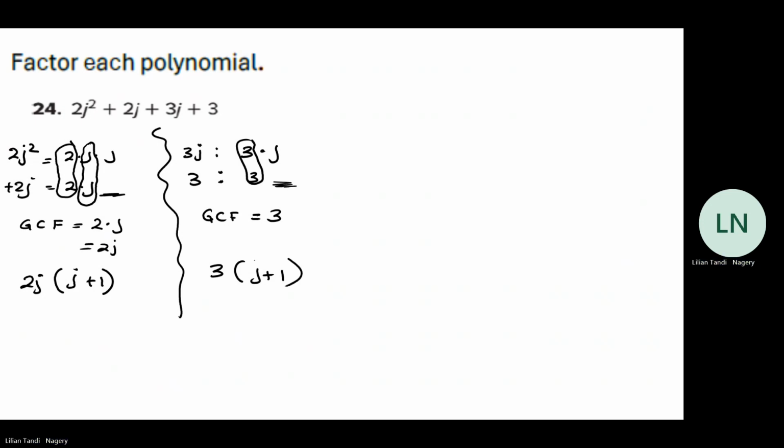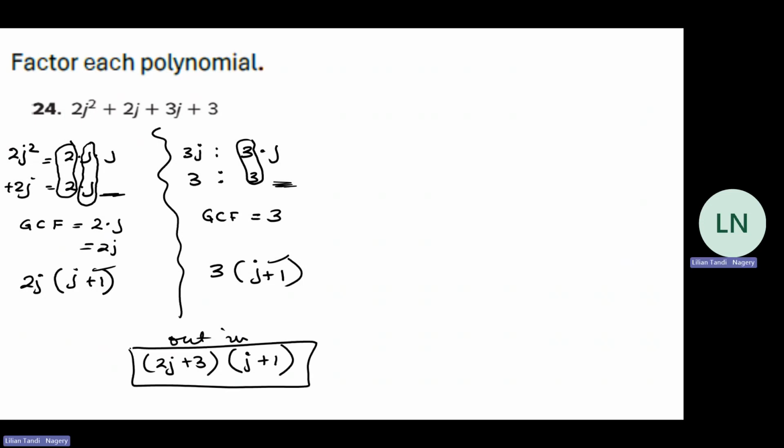Okay? All right. My insides are the same. So let us write out in 2j plus 3, because this is positive 3. If I don't see the sign in front of the number, it is positive. And inside j plus 1. And you box your answer.